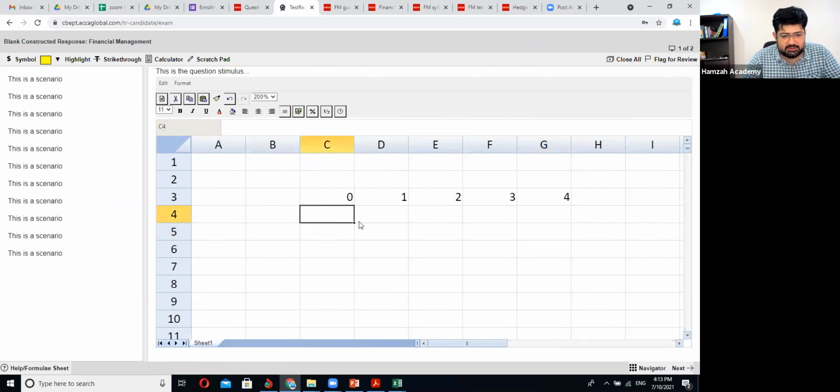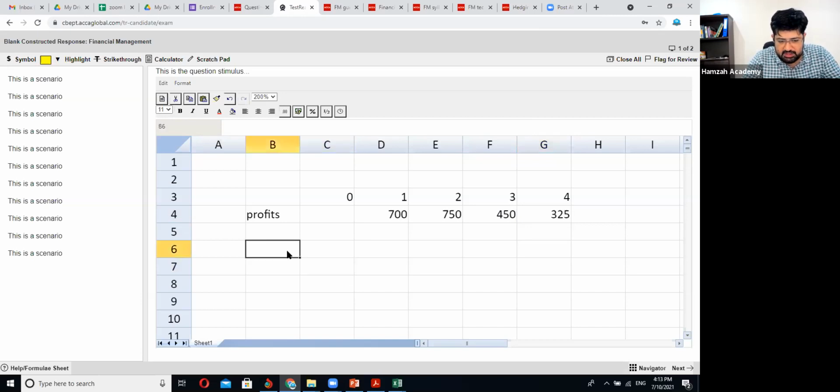So students, for example, profits are like that: 700, 750, 450, and 325.